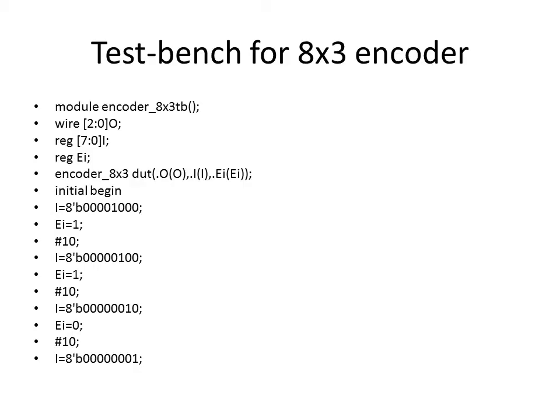Since it is a combinational circuit, we are not using any clock or reset. Initially there is no signal, so I have initialized the input signals: I4 is 1, I3 is 1, and the enable input is 1. After a 10 nanosecond delay, I again give the input signals in this manner.